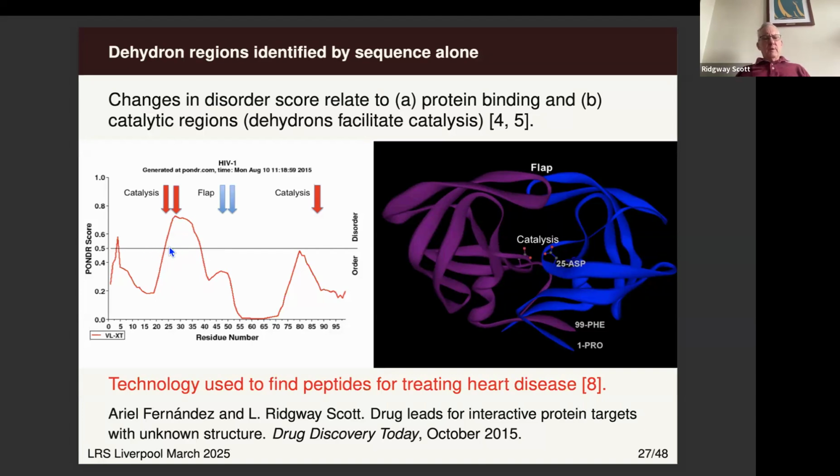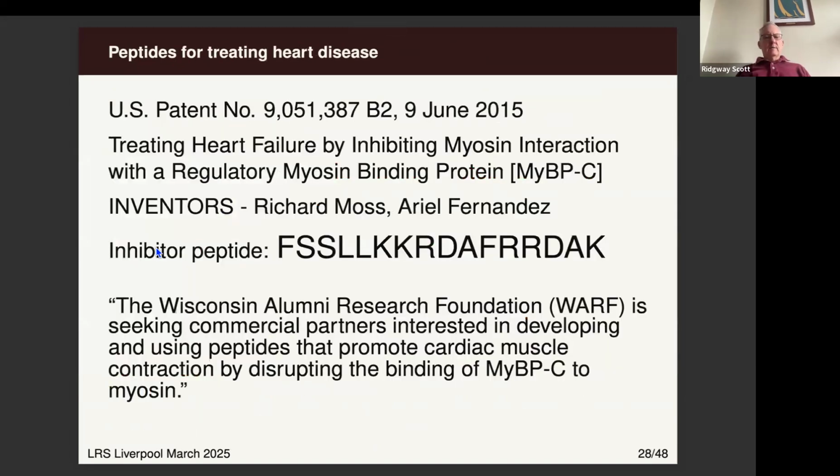So we're saying this region here happens to be a region we believe to be changing in wrapping, changing in strength of hydrogen bonds. And so that could be an area to target in drug design. And so they did.